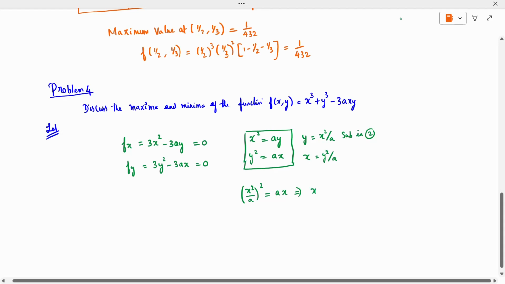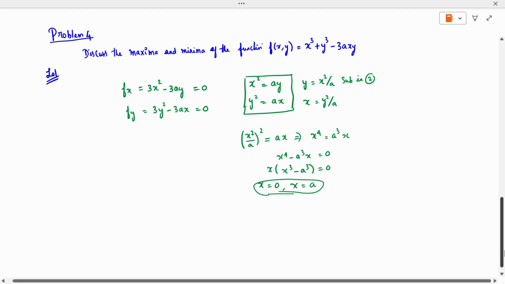So x power 4 equal to a cube x. So x power 4 minus a cube into x equal to 0. X I can take outside. So x cube minus a cube equal to 0. So x equal to 0 and x equal to a. I got the points to be x equal to 0 and x equal to a. Okay, same way.